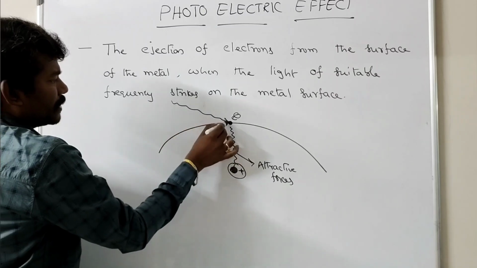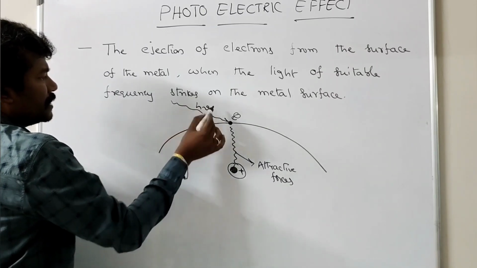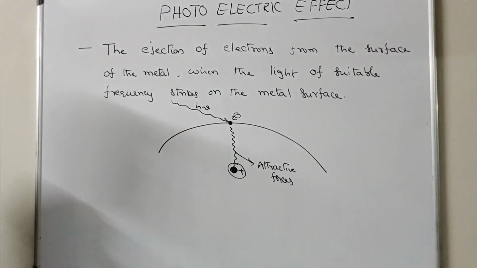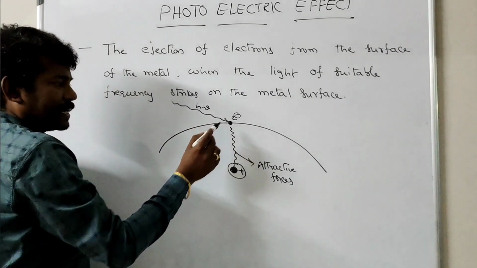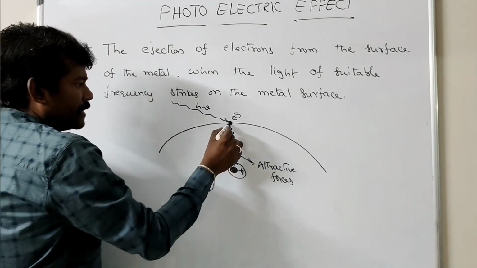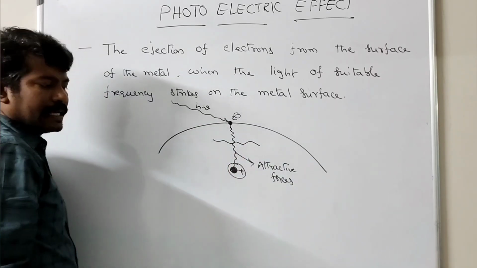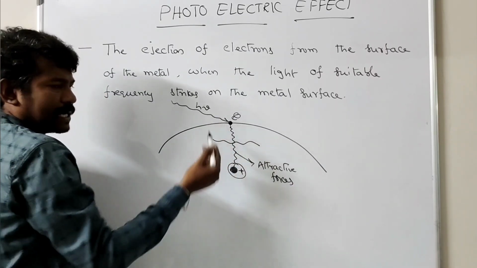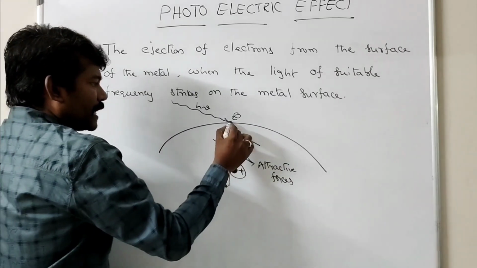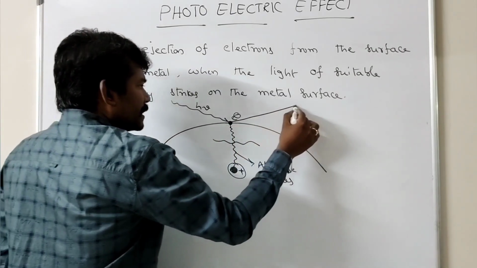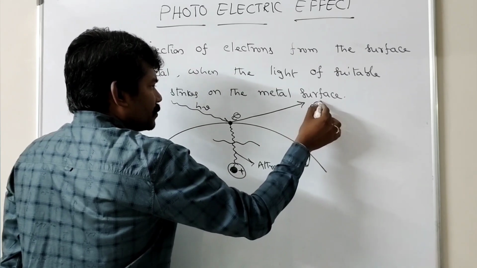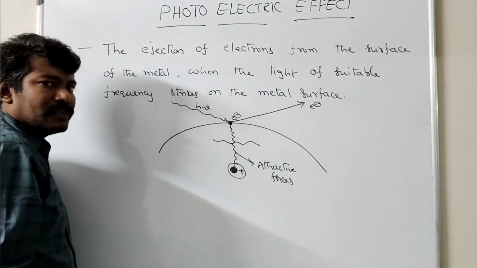A beam of light, the energy h nu or frequency nu, is incident on the metal surface, in which a certain amount of energy is utilized to break the attractive forces between nucleus and electron. The remaining energy converts into the kinetic energy of the electron.